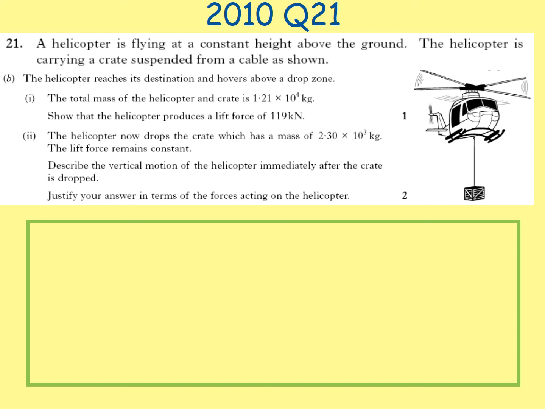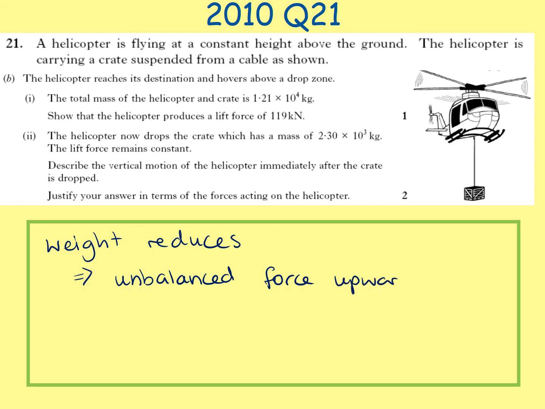So first of all, if the helicopter drops the crate, we know that there is going to be a reduction in weight. So we can say the weight reduces, as this 1.21 times 10 to the 4 loses 2.3 times 10 to the 3 kilograms. If our weight is less, that means our unbalanced force is going to be upwards. As before, we had F above our helicopter and W below.